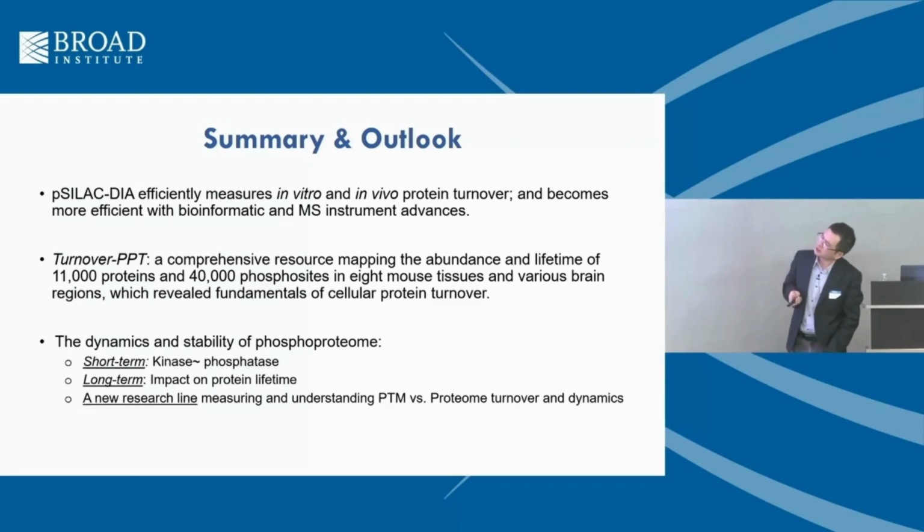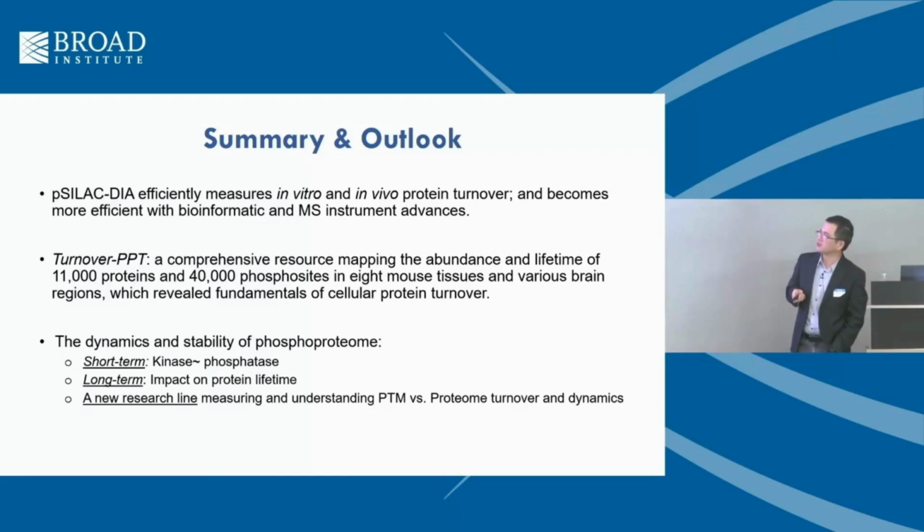And we generated this turnover PPT, which is a comprehensive resource for us to understand the lifetime and abundance regulation for more than 11,000 proteins and 40,000 phosphosites in mouse tissues.